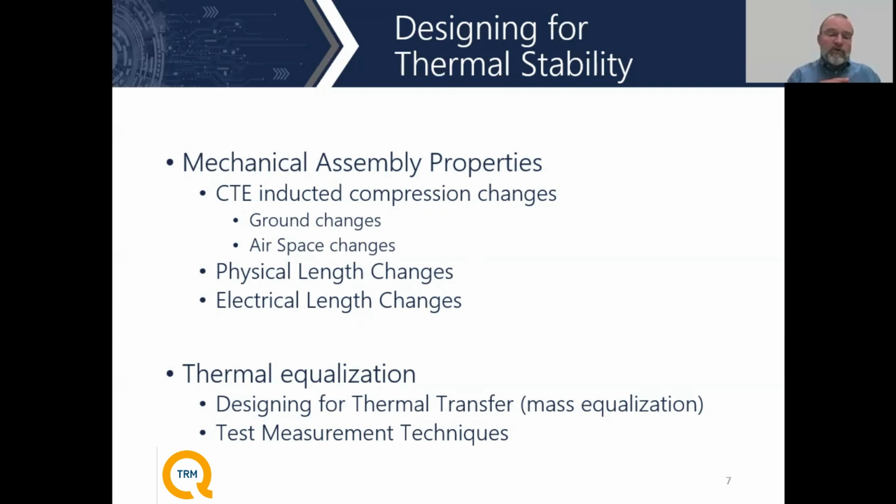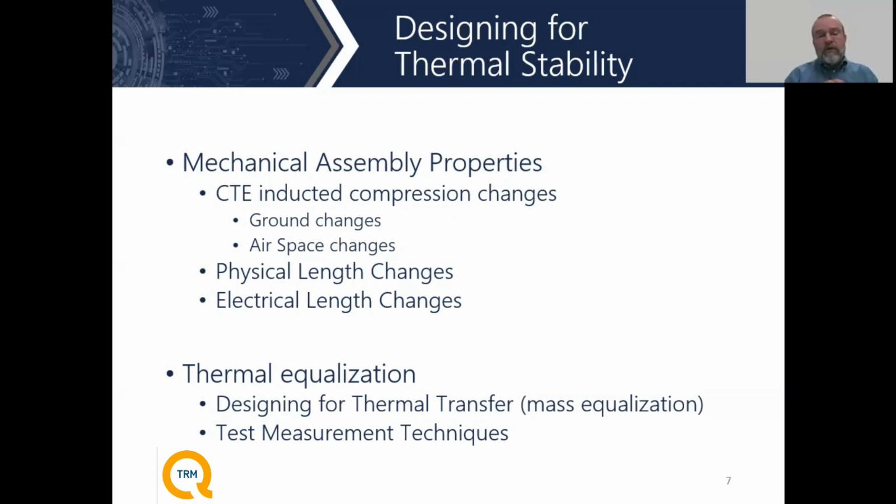A big piece of what we try to do to help mitigate a lot of thermal stability questions has to do with thermal equalization. For a lot of systems, the absolute throughput time, delay, or phase of a particular unit very often is not the driving factor, but rather how well it tracks with another part of the system. So a lot of systems are designed around tracking, and how well one part tracks relative to another.